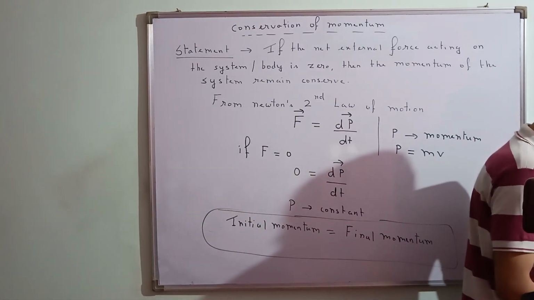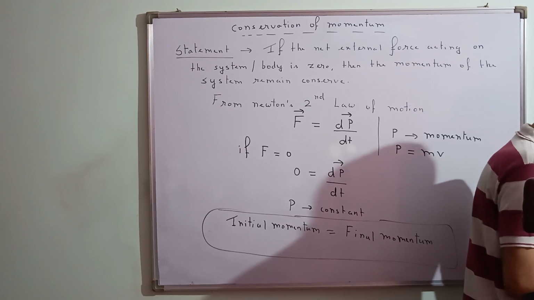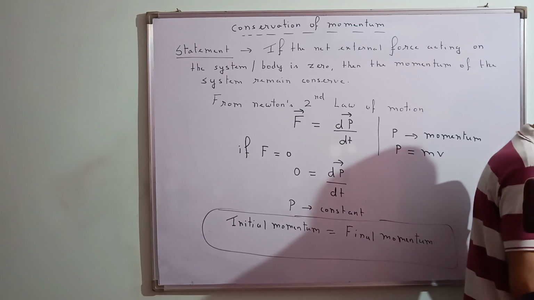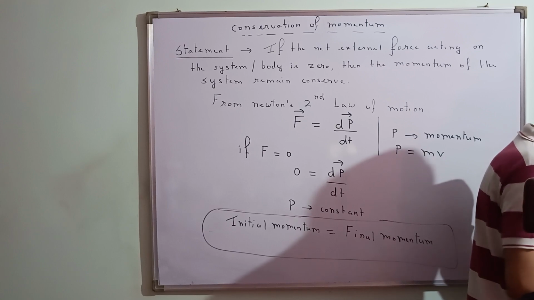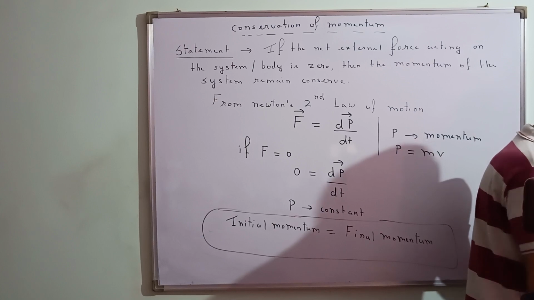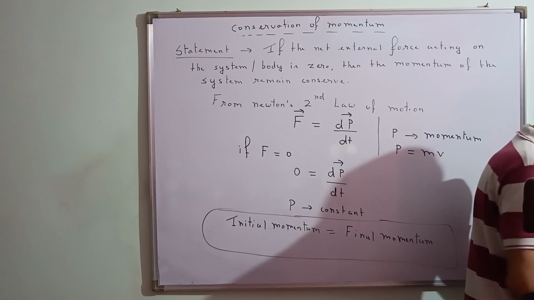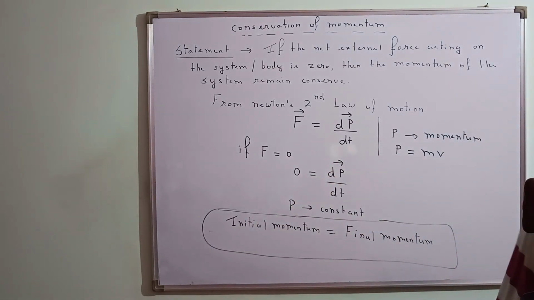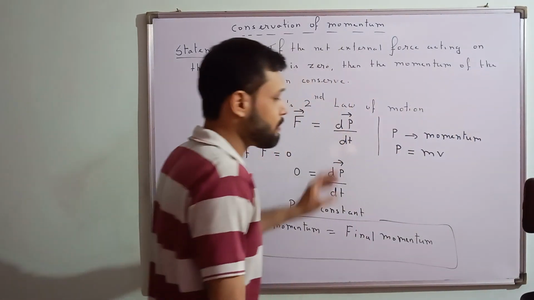What else we can do is some derivation of this. You want me to do other derivations in this? Is it very important, sir? For example, I can do it for a system of n number of particles.